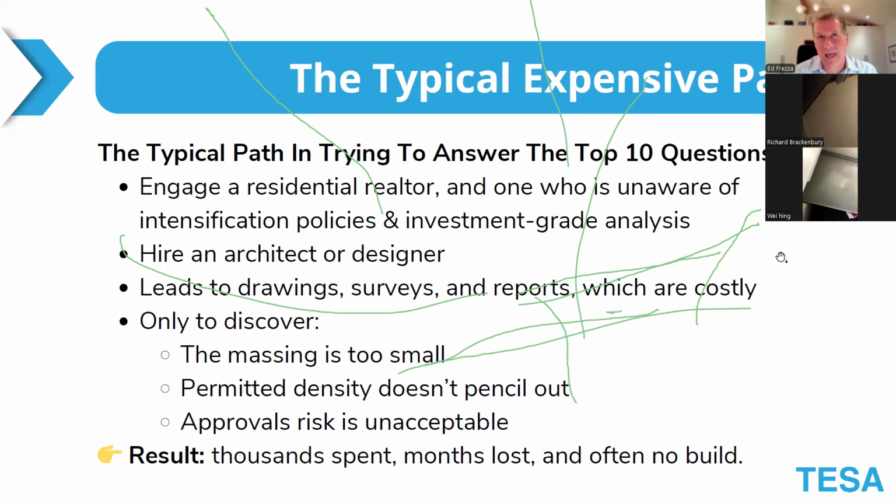They start off by looking at a property and then reverse engineering. They may go to a residential agent, who may not be familiar with the financial and investment grade type analysis that's required. Or they might hire an architect and designer to find out what can I build, only to find out that the site is too small or too big and doesn't make financial sense.